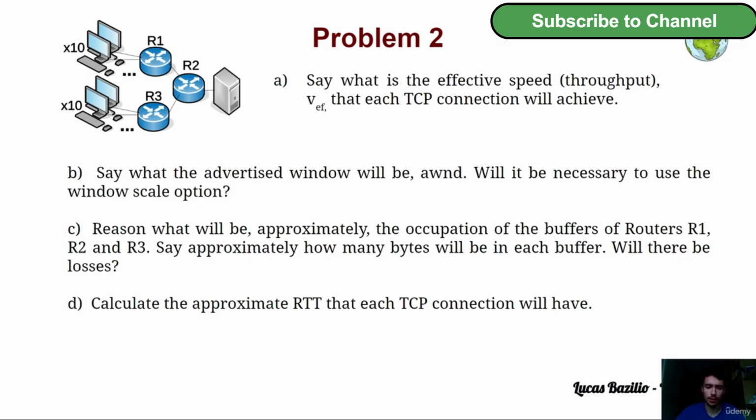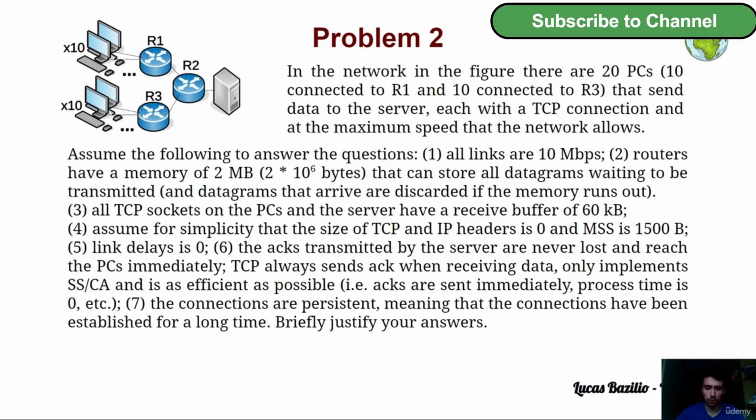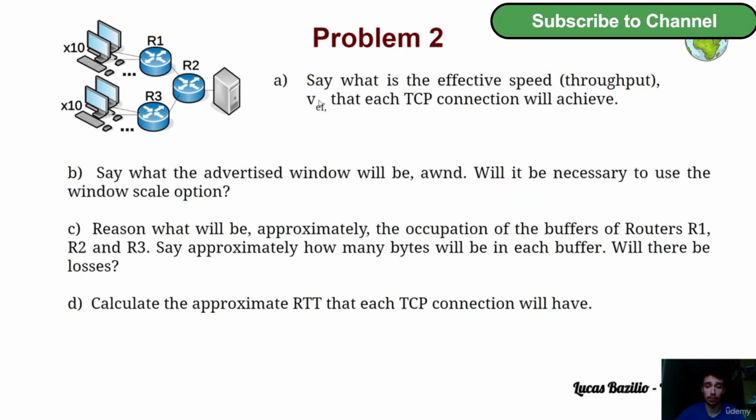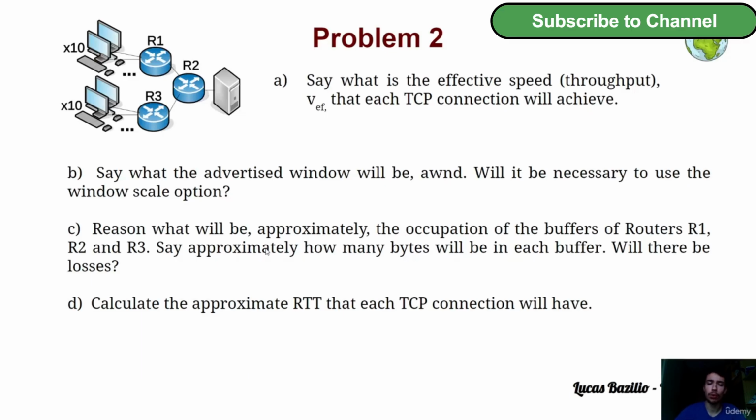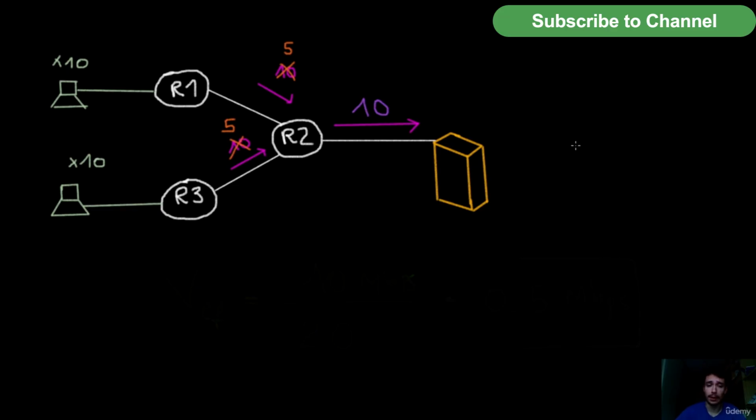This is a question that comes with many considerations that we need to take. Remember that we already introduced this problem and saw in questions A and B this configuration. If we need to justify the occupation of the buffers of these routers, remember that on router R1 we are transmitting 5 megabits per second, and here also 5 megabits per second.